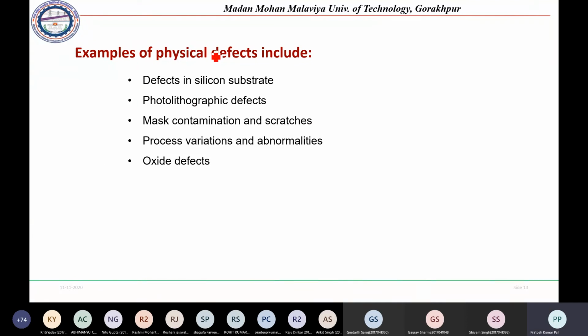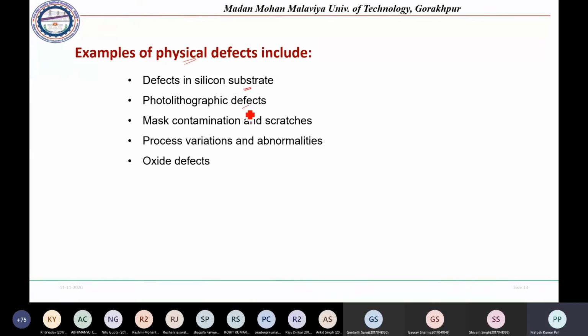Here are some examples of physical defects. The defects can be in the chip; there can be physical defects also. The physical defects could be defects in the silicon substrate. While designing and fabricating a chip, whatever substrate we have used, if there are some defects at the molecular side of the silicon substrate, this is called a defect in the silicon substrate.